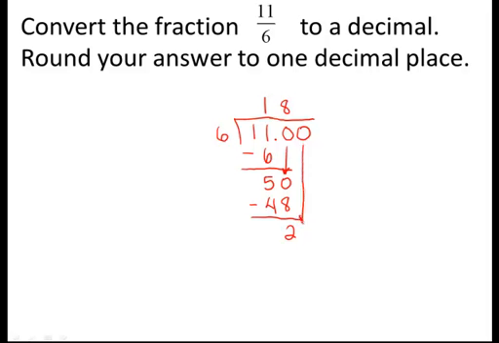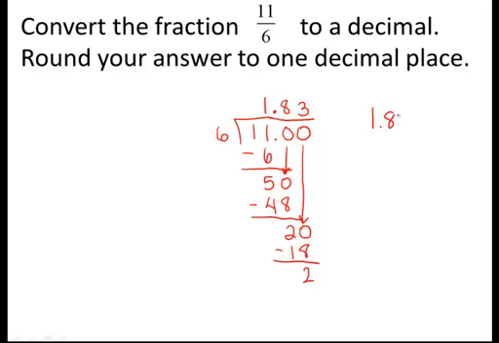I bring down a 0. 6 goes into 20 3 times. 6 times 3 is 18, with 2 left over. We can stop here because I have enough information to round to 1 decimal place.